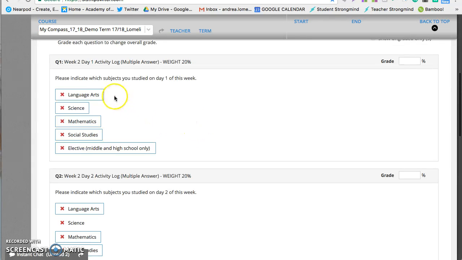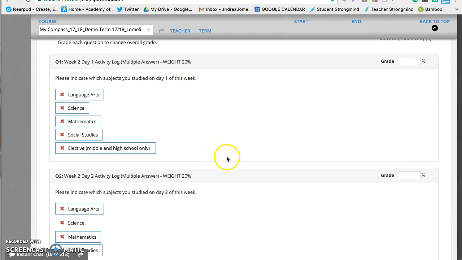So it doesn't matter to me whether you have all 5 subjects for that day or if you worked on 1 or maybe 2, because that's the beauty of independent studies. You have a choice what you're working on each day, keeping in mind, obviously, the suggested pacing, and remembering that as a scholar, we are asking for about 6 hours a day of coursework or learning time to be completed.